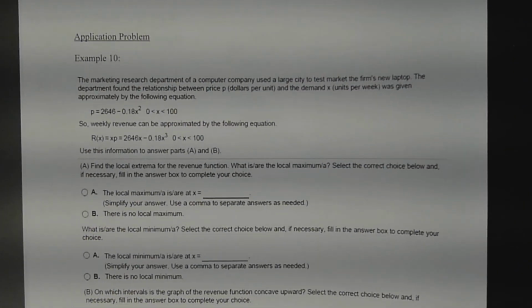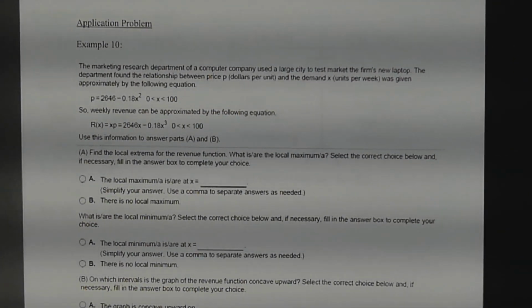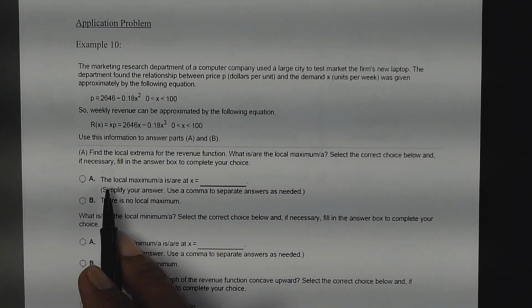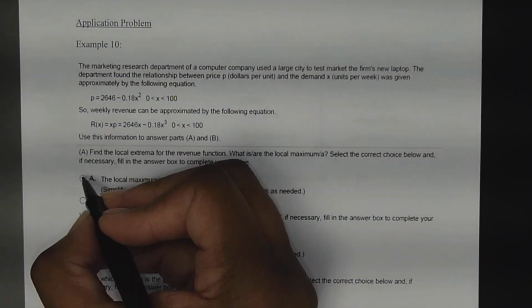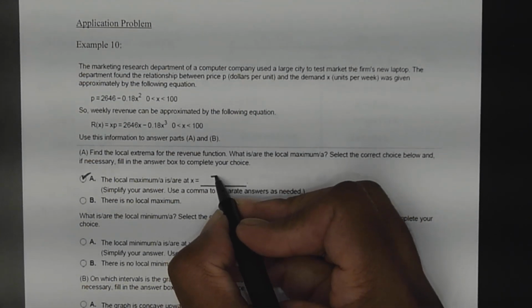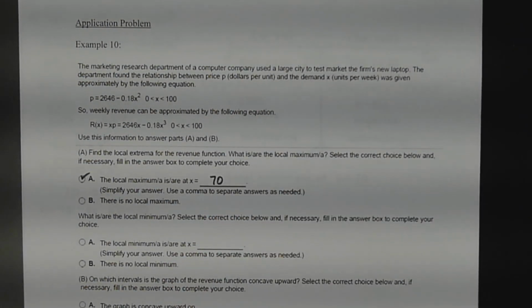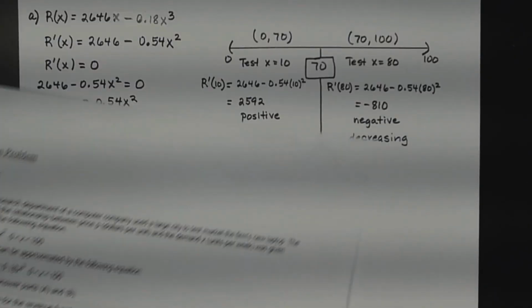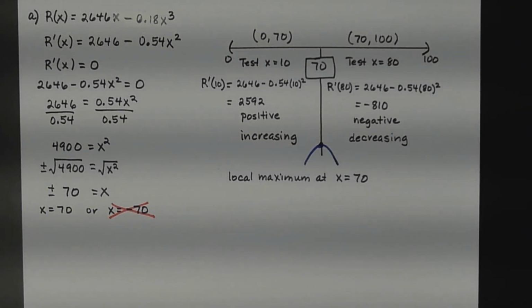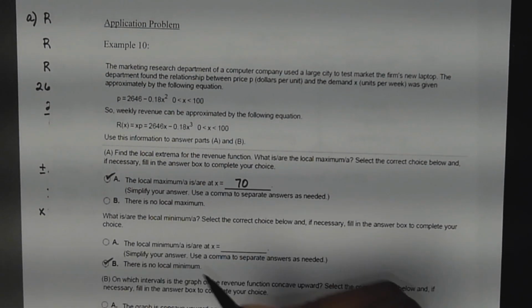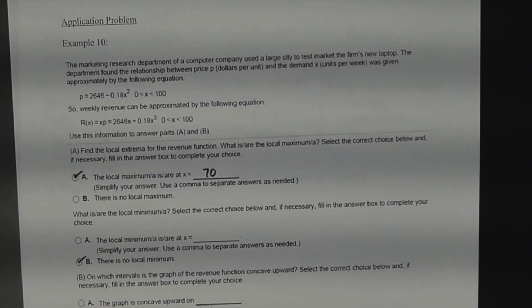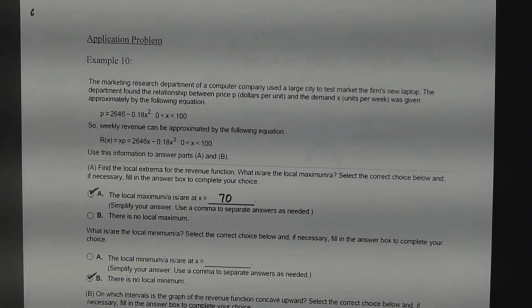Okay, so let's see if we can answer part A. It says that the local maximum is or are at x is equal to, there is one, and that's at x equals 70. In this problem, there is no local minimum, so for that part, we just select the one that says there is no local minimum. So that represents part A.